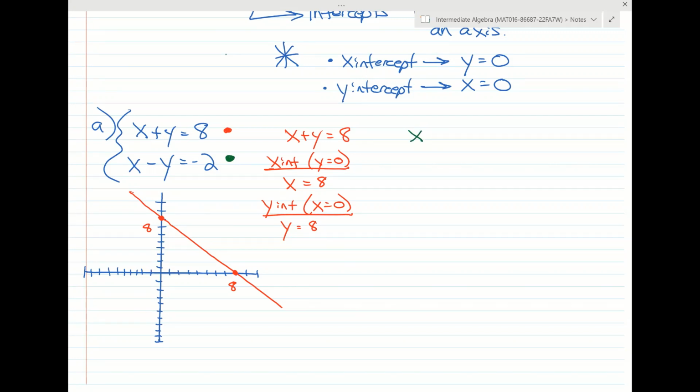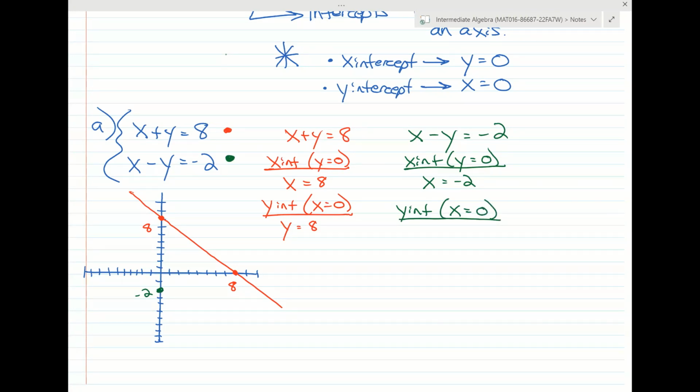The second line, x minus y is equal to -2. The way you get the x-intercept is you make y 0. You plug in 0 for y, you just get x is -2. And to get the y-intercept, plug in 0 for x, and you just get y is equal to 2.